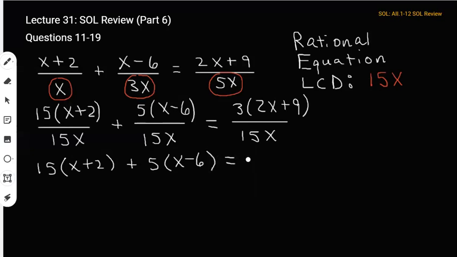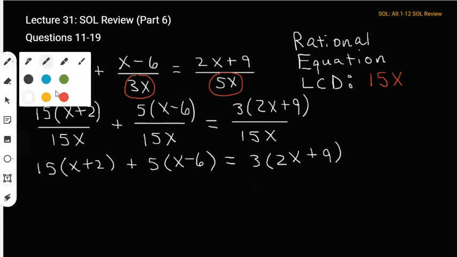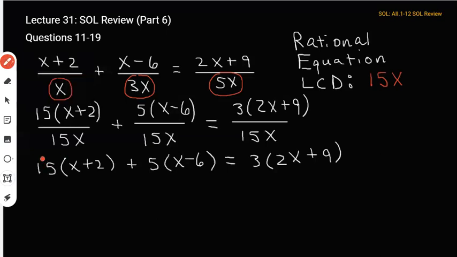And then over here, we have 3 times (2x + 9). So now I'm going to take whatever's on the outside and multiply it by whatever's on the inside. So we're going to multiply everything by 15, then everything by 5, and then everything by 3.